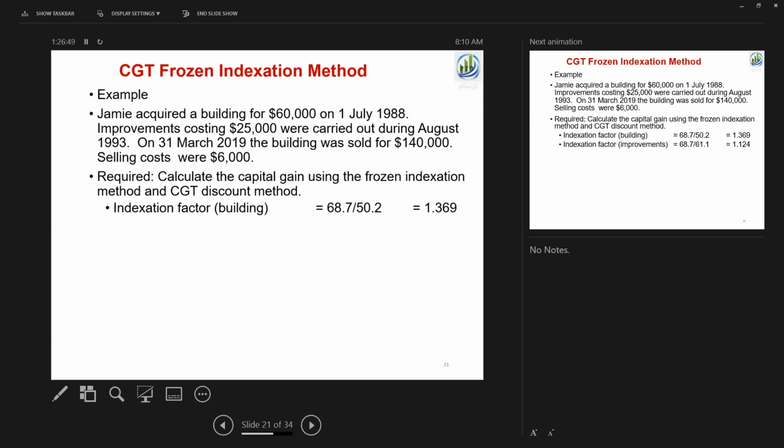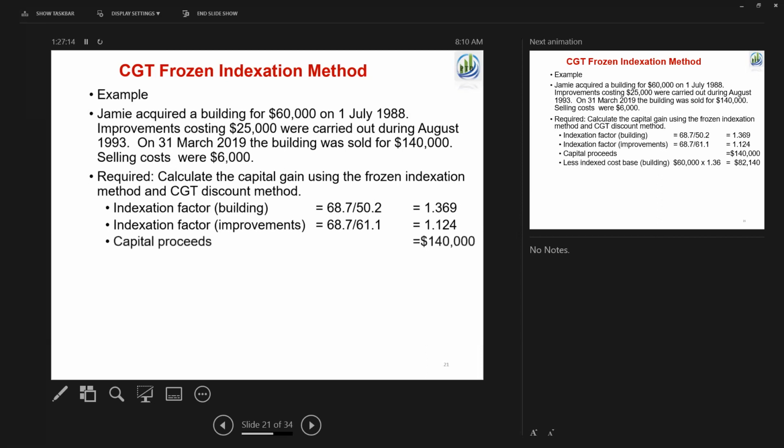What's the date we purchased? 1993. So 1993 August, what is the number? 61.1 in the table. But it is sold after 1999 September, therefore 68.7 is frozen. If you calculate these two, one is 1.369, the other one 1.124. That's the indexation factor.